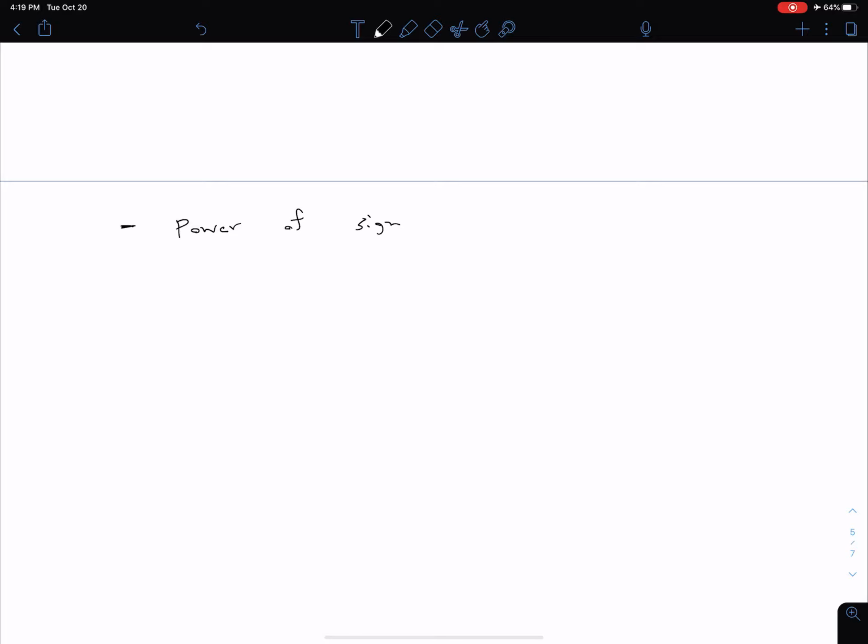So the power of the signal at our transmitter is generally going to be much larger than at our receiver. That's due to the space loss that I labeled above.